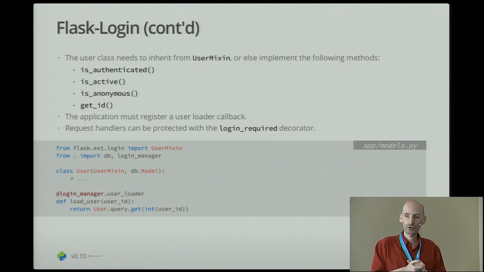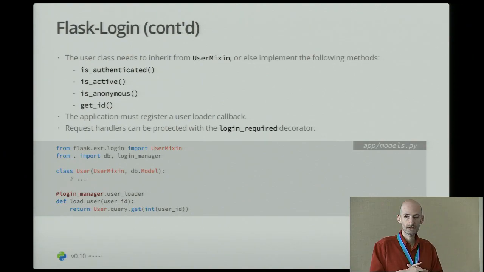Since Flask-Login does not know anything about our objects, you need to give it a user loader callback, so that when it needs to load the user, we provide the function that does that work. And that's at the bottom with a decorator. You decorate the function that loads the user with the user loader decorator, and then Flask-Login knows how to load users.